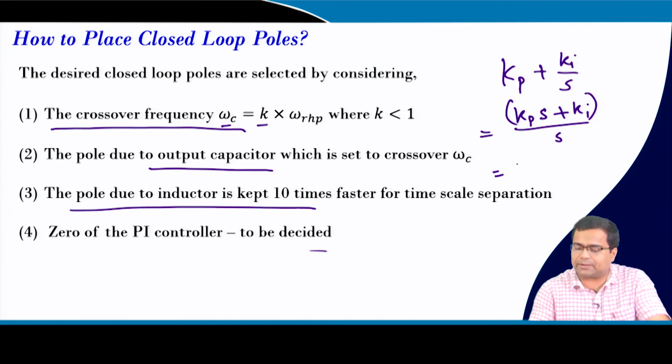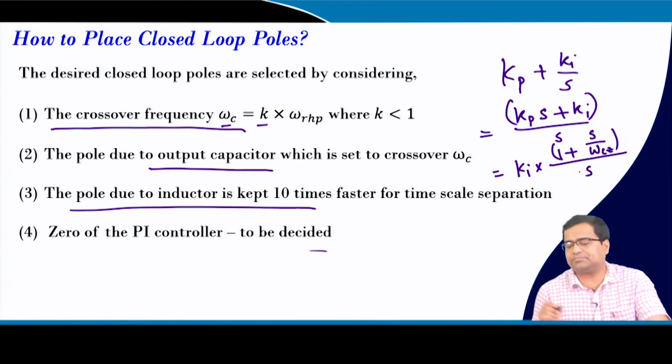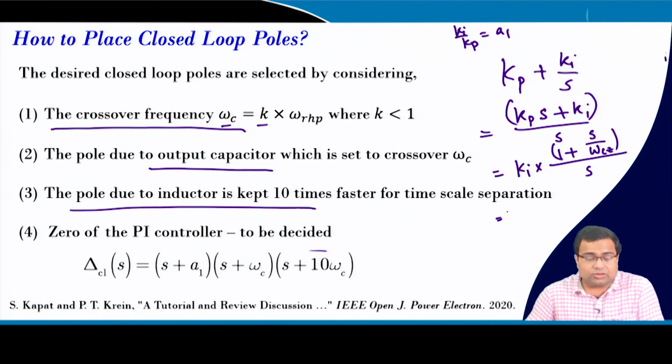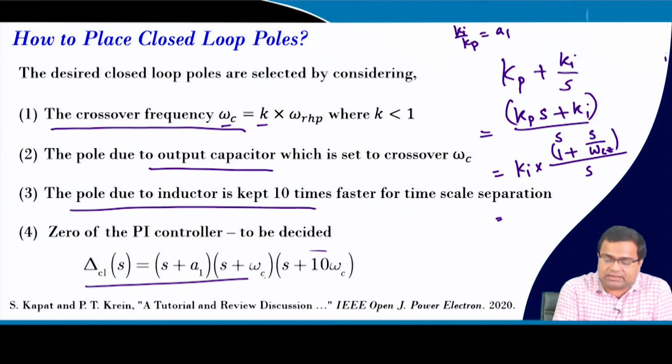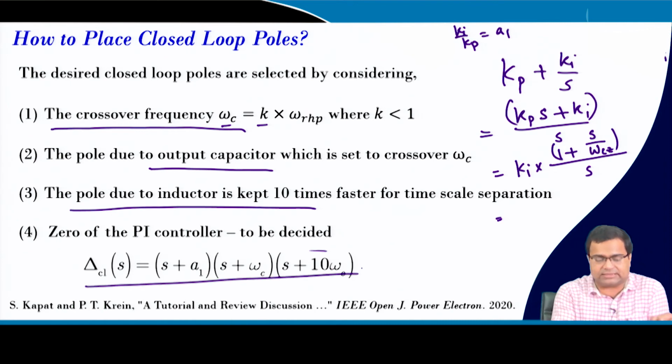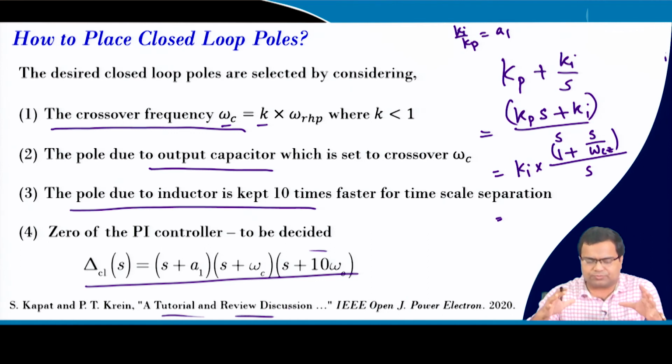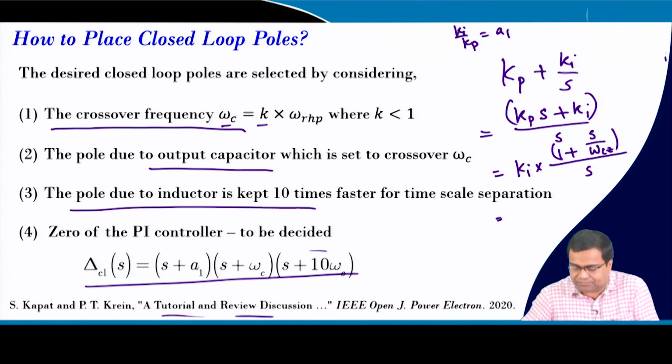If you take Ki common, I can write this as Ki times 1 plus S by the controller zero, divided by S. This approach was discussed because in this paper, the reference paper, we are using almost for the maximum part of this course.